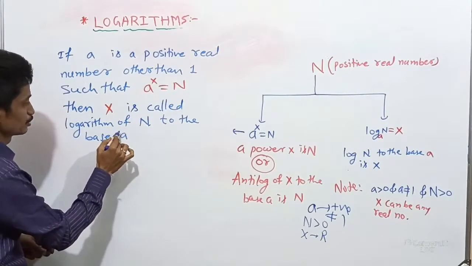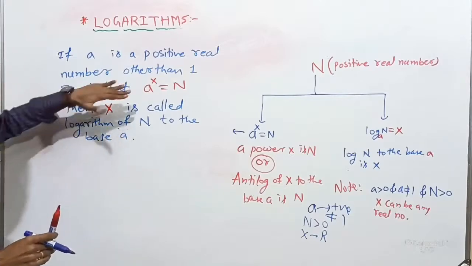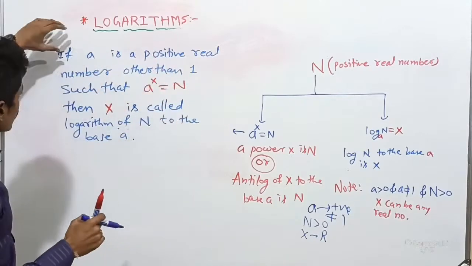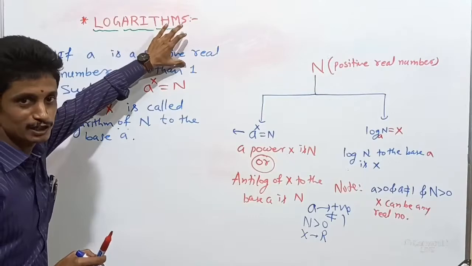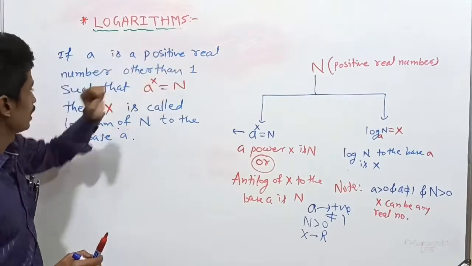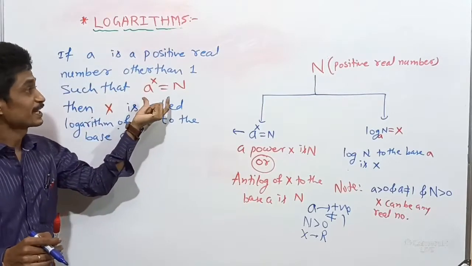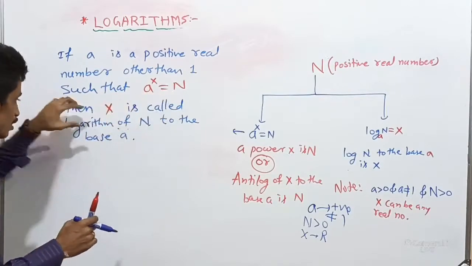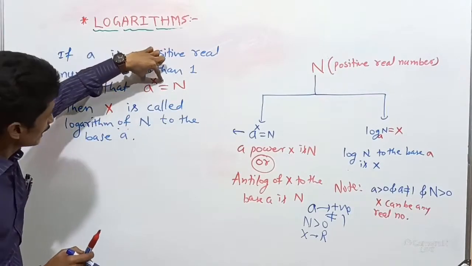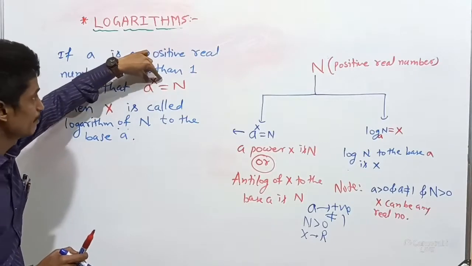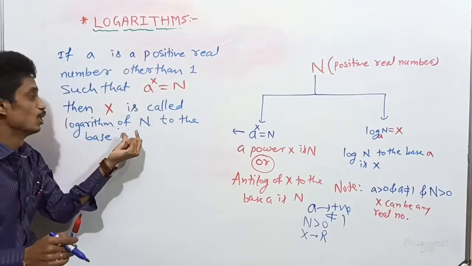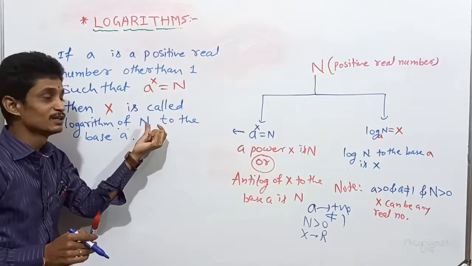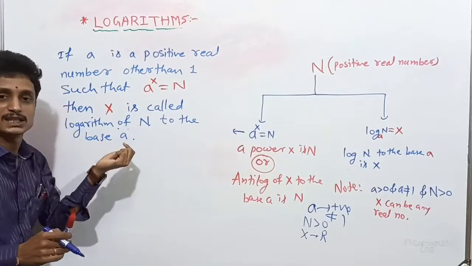What is the actual definition of logarithm? If a is a positive real number other than 1 such that a power x is equal to n, one exponential representation we got, then this power x is called the logarithm of n to the base a.